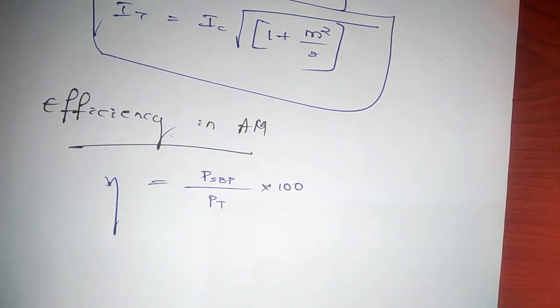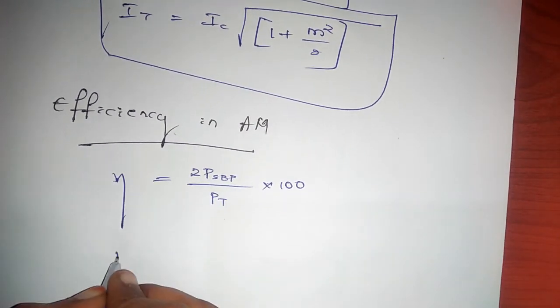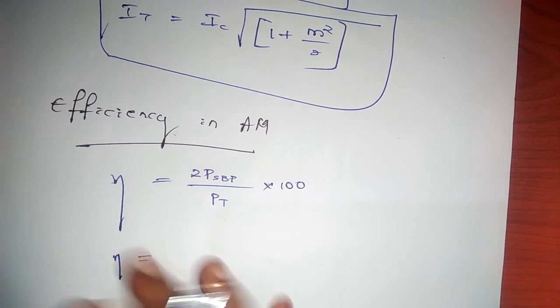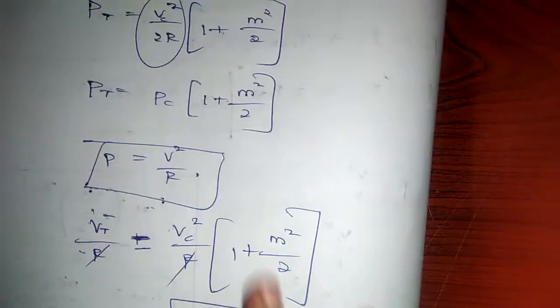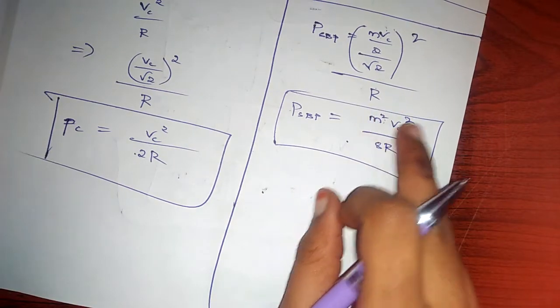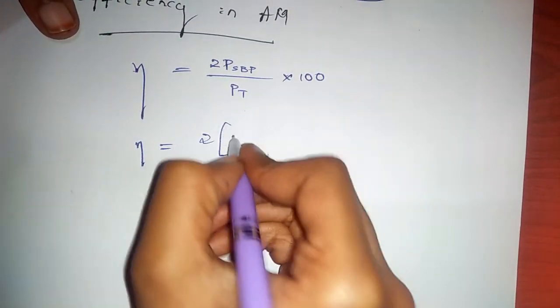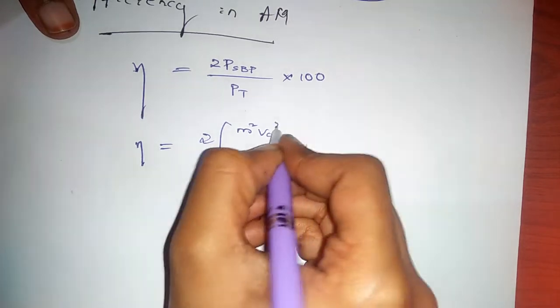The sideband power in the two sidebands, LSB and USB, is 2 times m square Vc square by 8R.